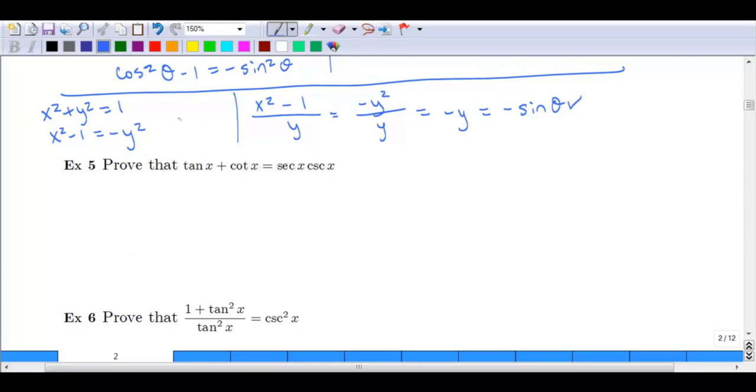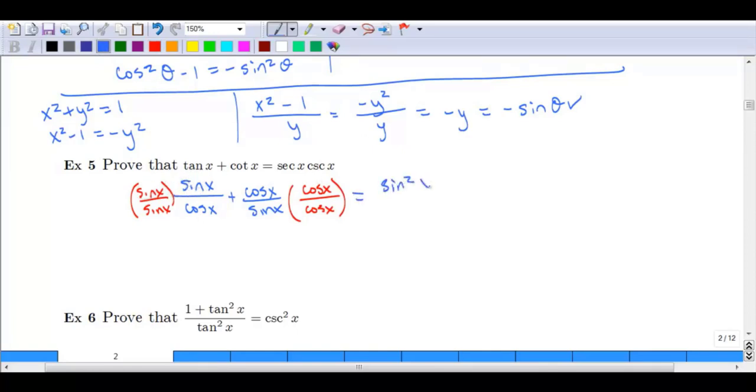So if we rewrite our tangent as sine of x over cosine of x, and we rewrite our cotangent as cosine of x over sine of x, and then we find a common denominator, which in this case is sine times cosine, we would multiply the first fraction by sine of x over sine of x, and we would multiply the second fraction by cosine of x over cosine of x, and we would end up with a sine squared of x and a cosine squared of x over our common denominator, just sine x, cosine x.